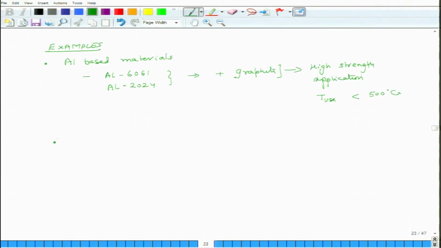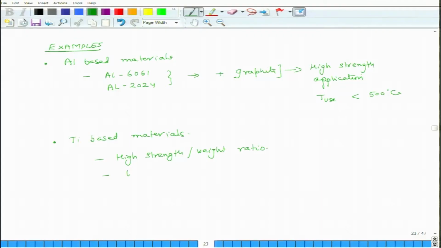And then we have titanium based materials, again with a high strength to weight ratio, because titanium's strength is almost as high as that of steel, but its density is roughly half of steel. So, you really get a lot of strength.